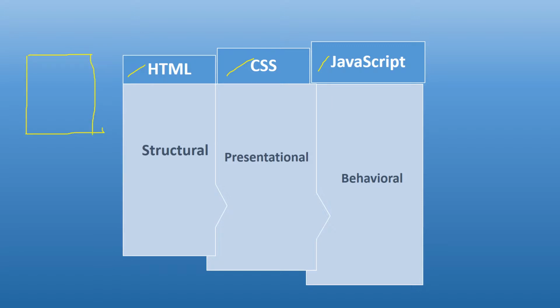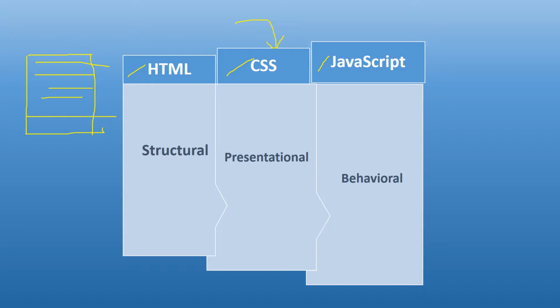Let's say this is the structure, but even if you have the structure, it doesn't look good, right? Structure is just the basics of it. You write things, you write contents, and everything is here. After that, if you want to design it, you would need CSS. CSS would make it look beautiful, very beautiful.